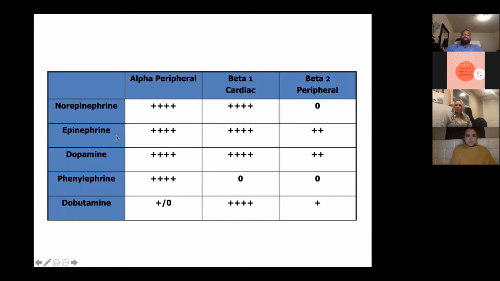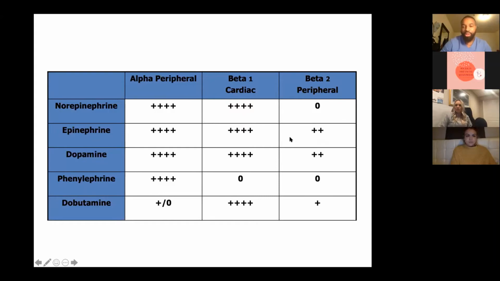And then epinephrine, this beta 2 causes a little bit of vasodilation. It has almost the same strength as norepinephrine, but because of this, we don't want to tamper with it, right?